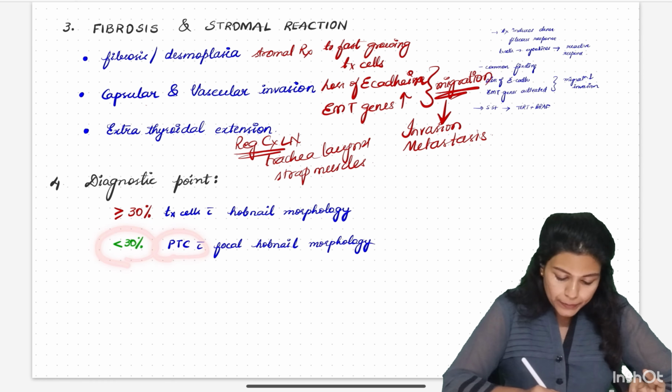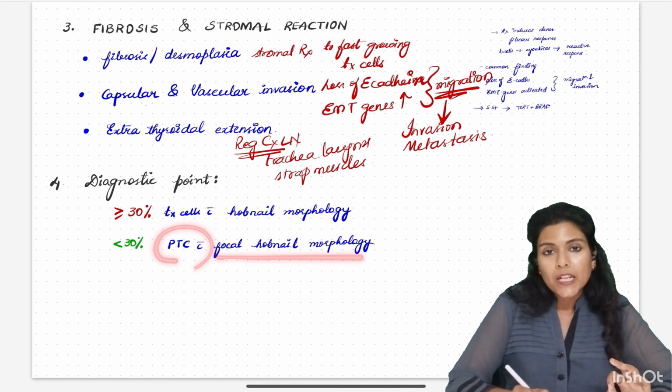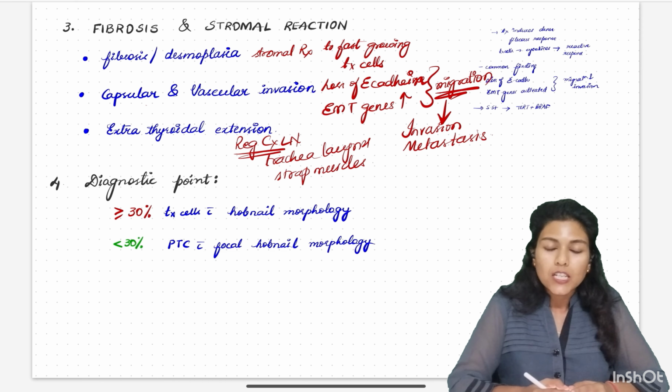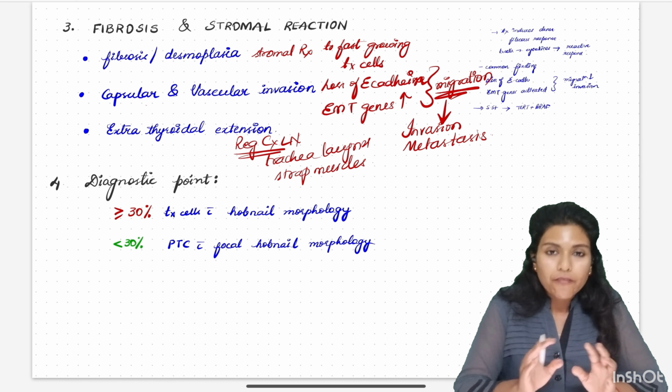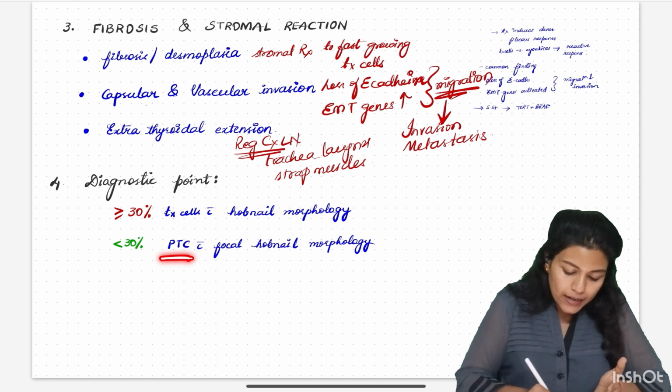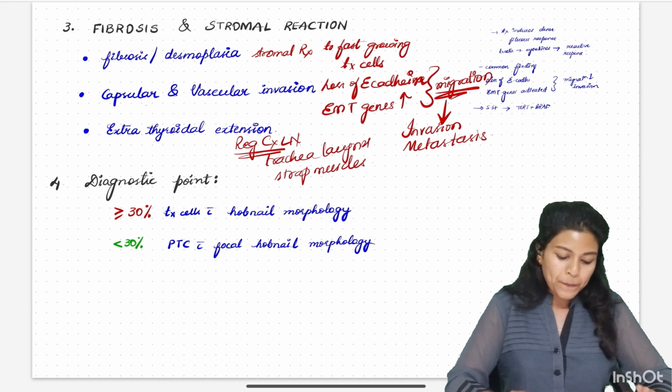So we call it a PTC with focal Hobnail morphology. Less than 30% of the cells are showing this Hobnail morphology, then you can say it is focal. Some foci are showing this Hobnail morphology. So it is reported as a classical papillary thyroid cancer with focal Hobnail morphology.